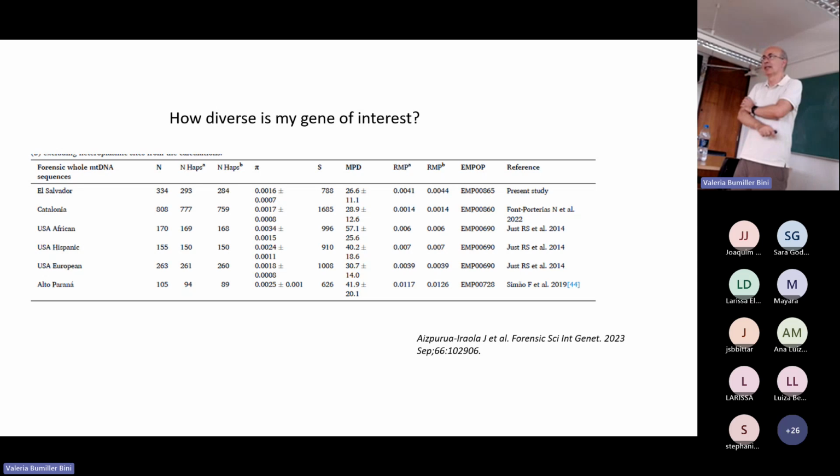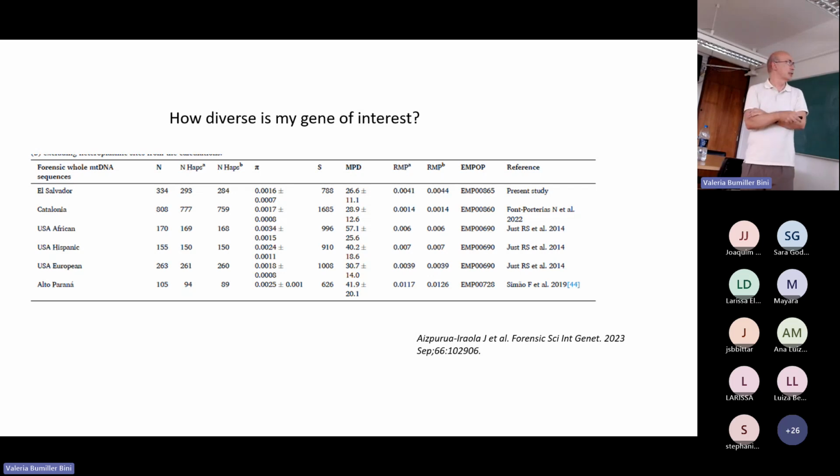I was wondering if today we exclude from this kind of analysis non-biallelic cases because of our mathematical limitations. No, we are not excluding them because of that, just because I'm lazy.